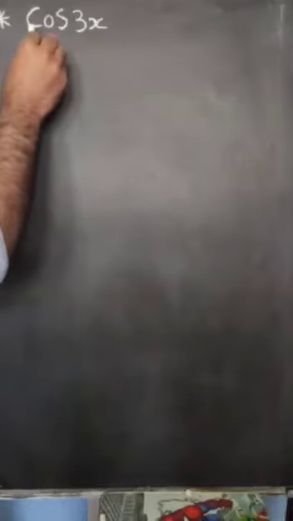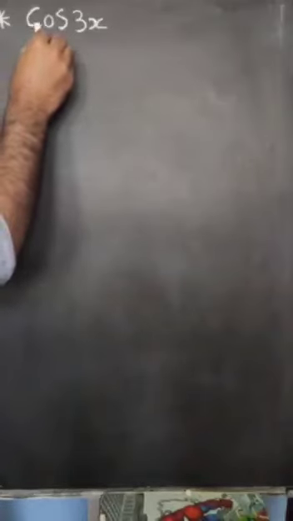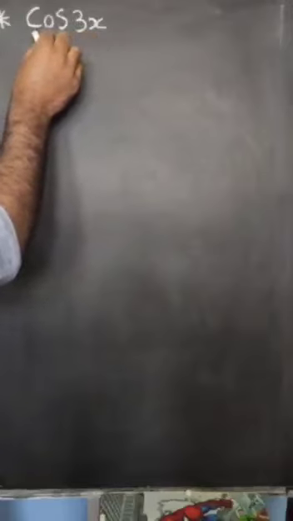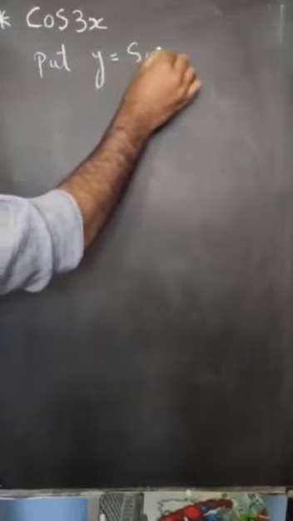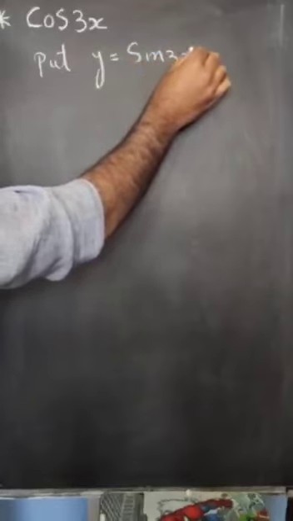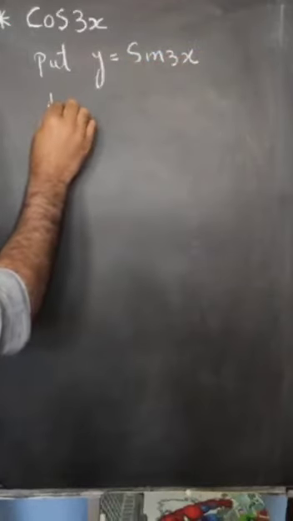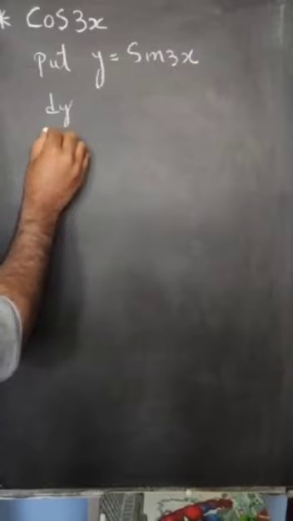To find the antiderivative of cos 3x or integral of cos 3x, we put y is equal to sine 3x. Now differentiate y with respect to x.